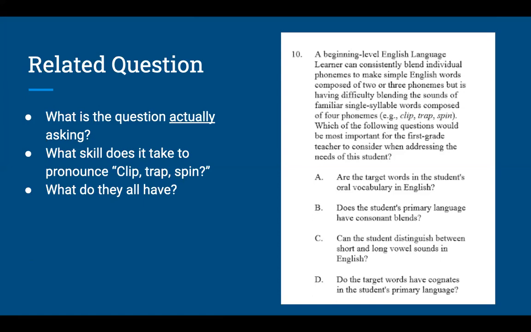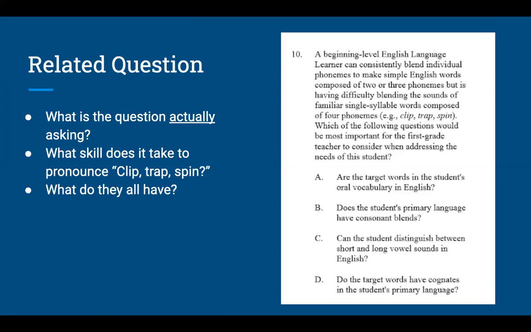So again, looking back at what the question is actually asking, it's talking about blending. So they can blend 2 or 3 phonemes, but we're looking at why they can't blend the sounds of single syllable words with 4 phonemes. So it's asking specifically about those.